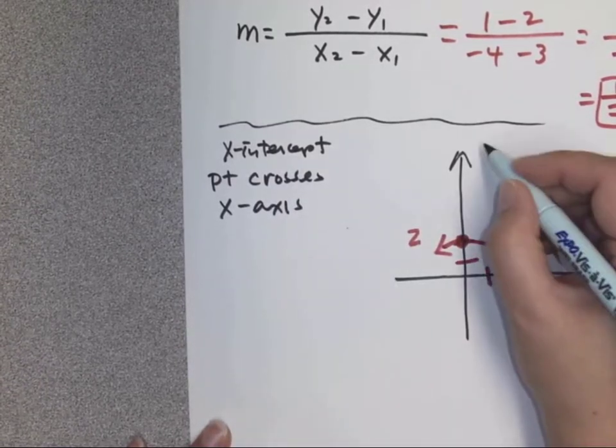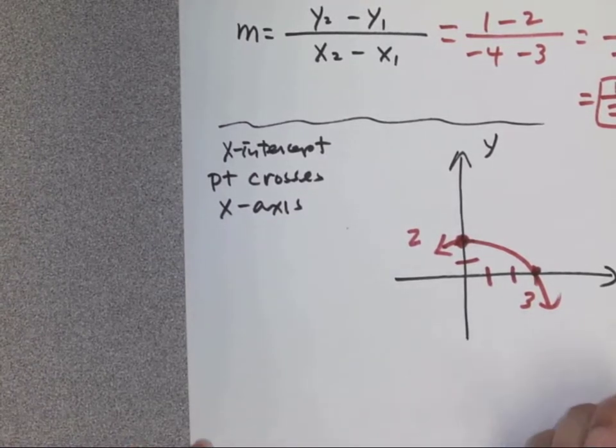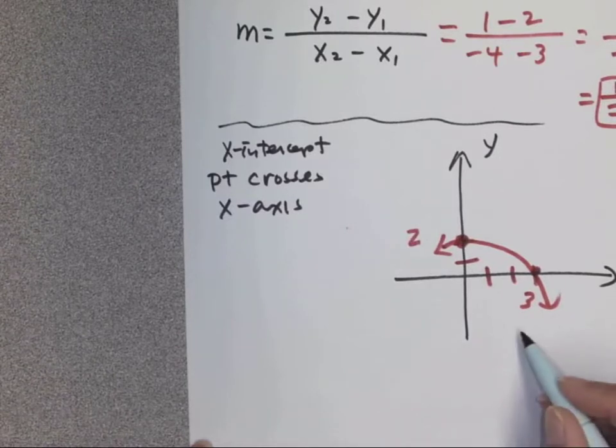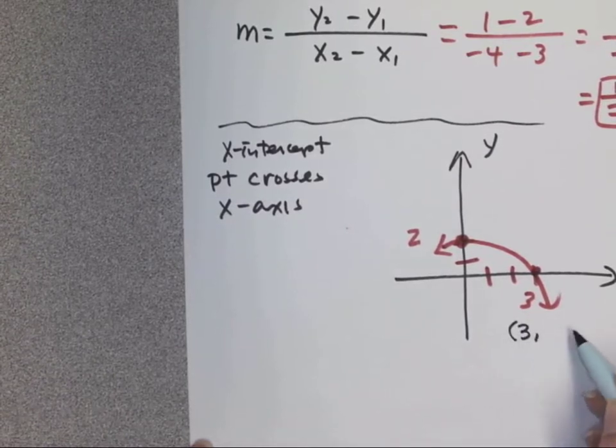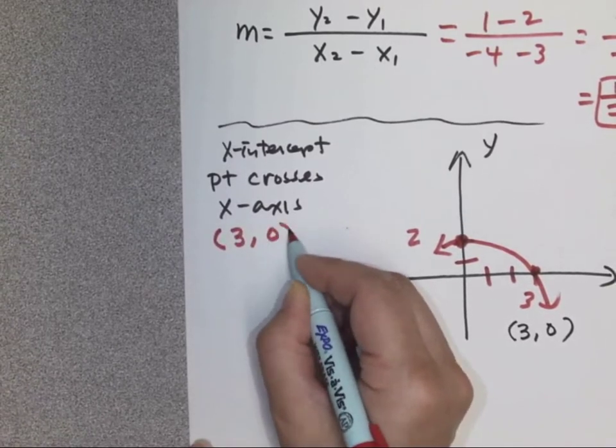This is the x-axis, this is the y-axis, right? So for this particular graph, what is the x-intercept? 3 for the x part, and if I write that as a point, y will equal 0. So for this graph, the x-intercept is (3, 0).